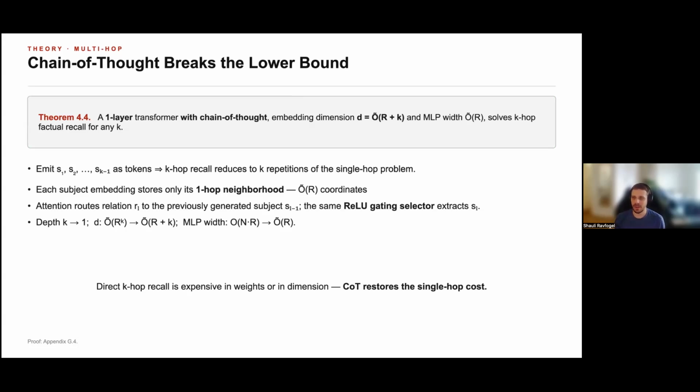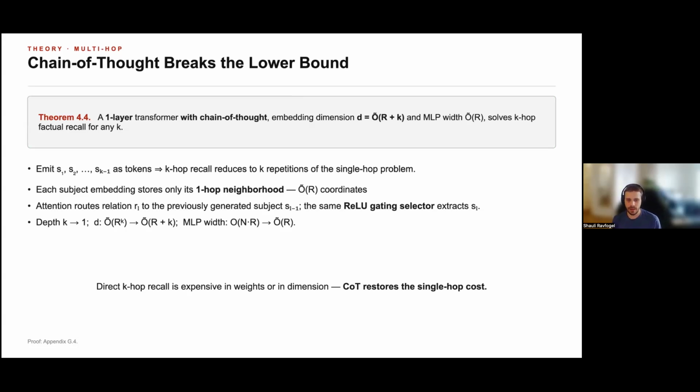So we are just going to sequentially apply the efficient solution that I showed for the k=1 situation. And this application is enabled only with chain of thought, where the model can read the embedding of the intermediate answers that it computed. So with chain of thought, we are getting back to the very simple, very efficient solution for k=1. And the number of parameters is not going to depend on the number of relations that we compose, on k.